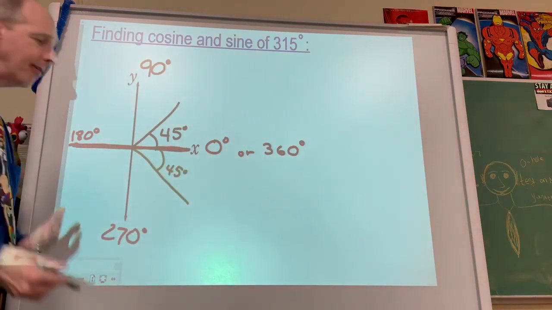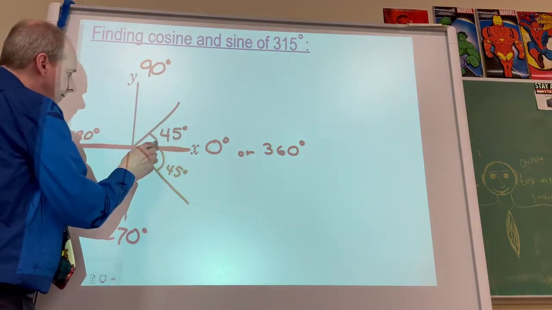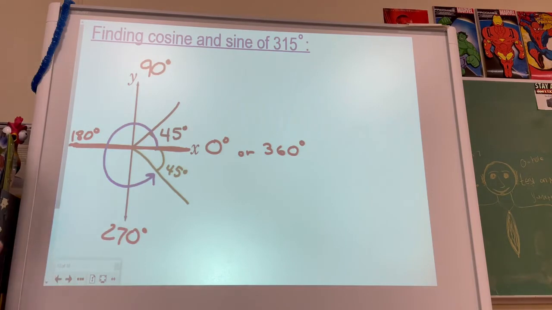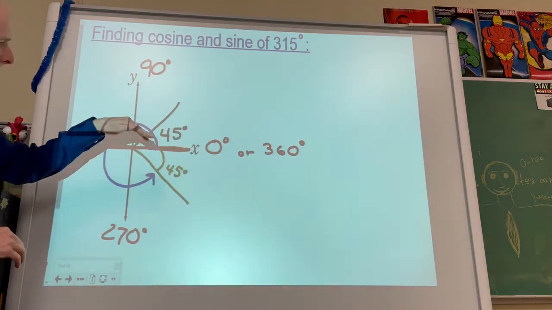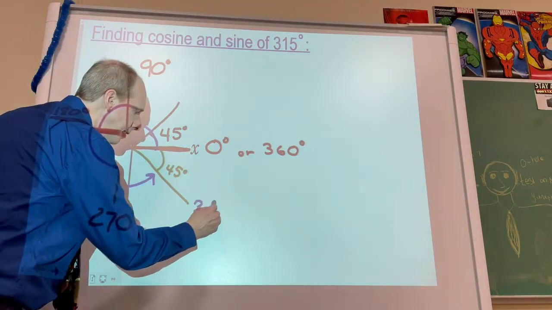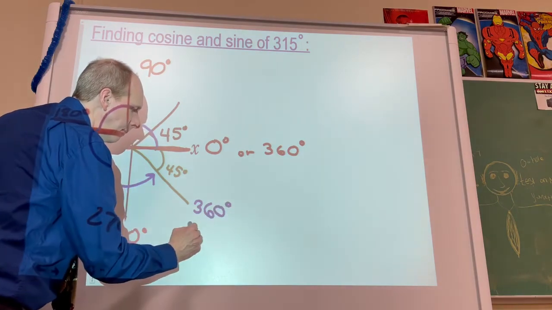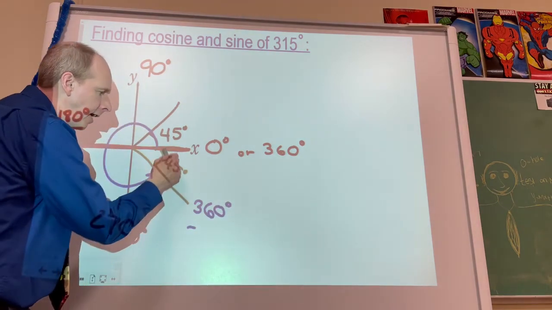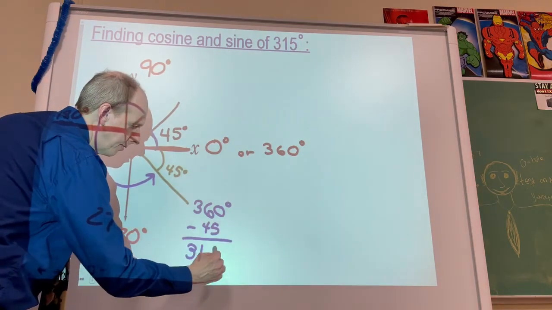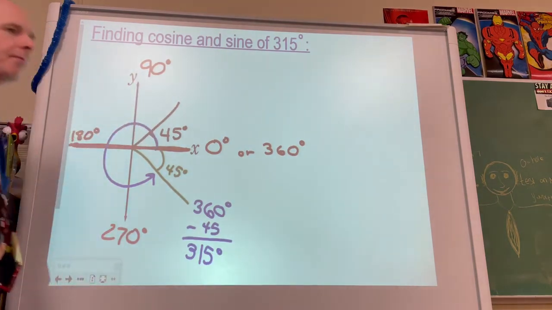And when I say the angle, I mean from 0 all the way around, how far would it be? How could you figure that out? Well, a full circle's how much? 360 minus our 45 degree reference angle. So this is our 315 degrees.